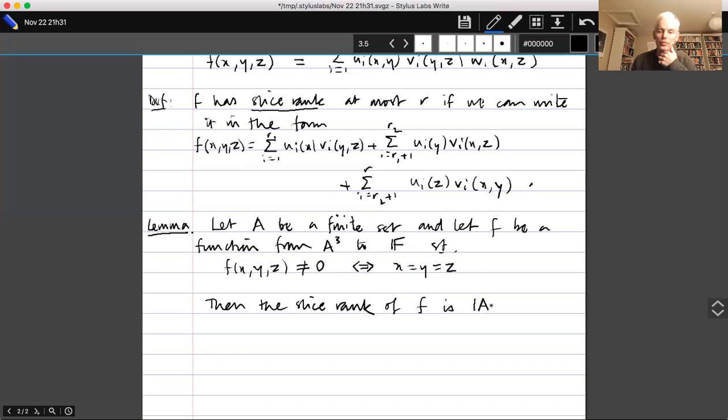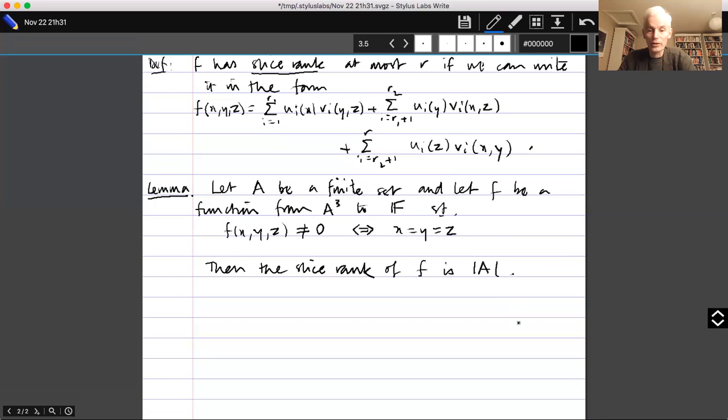This is a generalization to slice rank on 3-tensors of the familiar fact that if you've got a diagonal, square matrix with non-zero entries down the diagonal, then it has full rank.